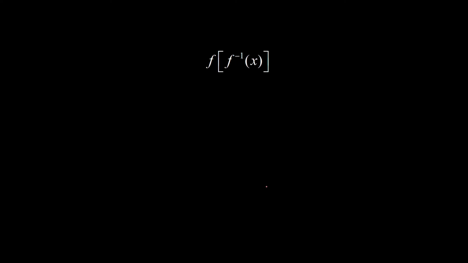Now, something else about inverse functions is if you have a regular old function, and you stick its inverse into it, so you're going to stick the inverse into the function itself, when you do that, you will always get x, or whatever the variable name is. Same is true with the inverse function.